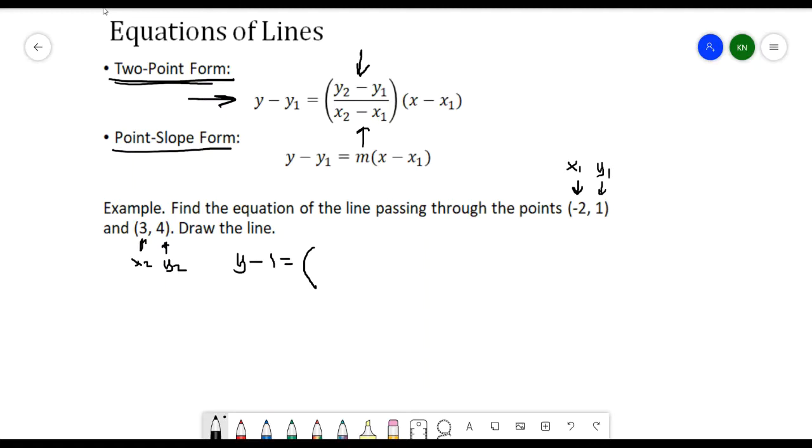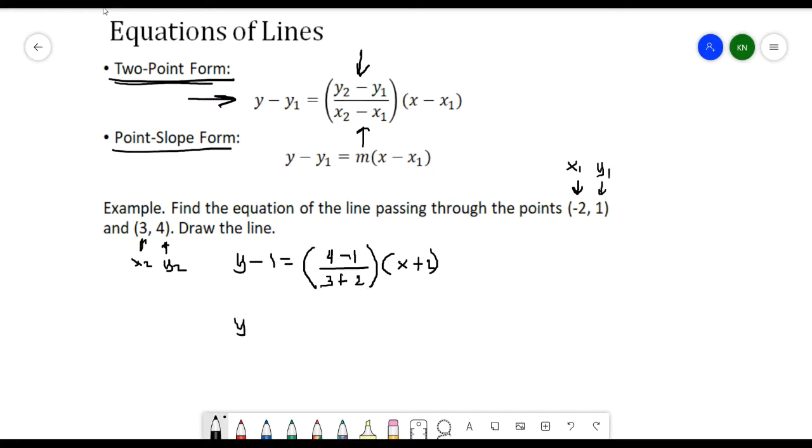So y sub 2 is 4 and y sub 1 is 1, all over x sub 2, which is 3, minus our x sub 1, which is negative 2, so that's plus 2. And we have the x minus our x sub 1, which is negative 2, so we have plus 2 again.